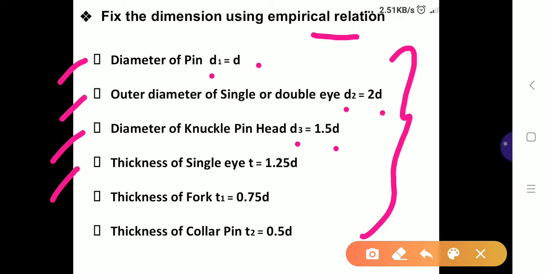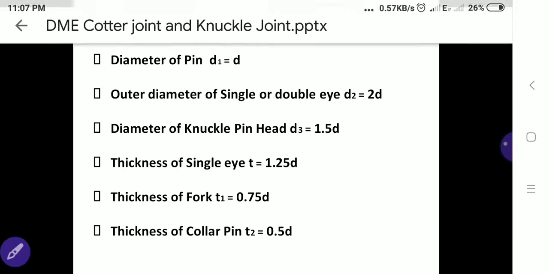Then next is thickness of single eye, small t, equal to 1.25 times the diameter of rod. Then thickness of fork, or double eye, t1 is equal to 0.75 times the diameter of rod. Then thickness of collar, t2, is equal to 0.5 times the diameter of rod.